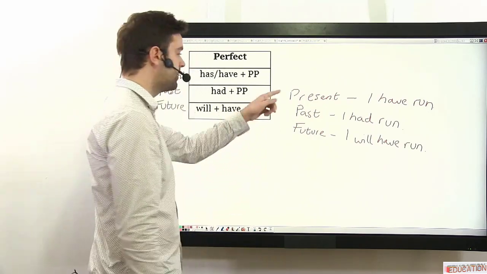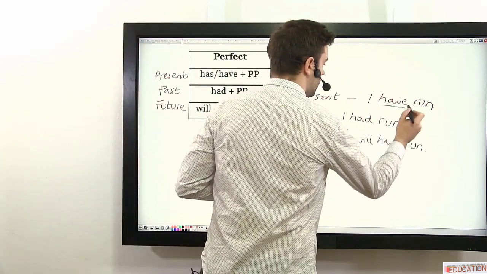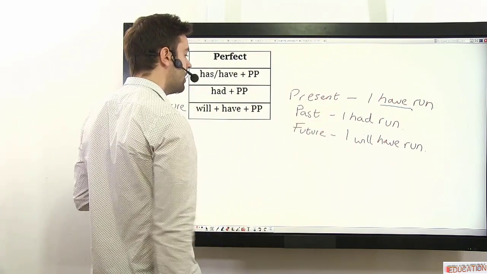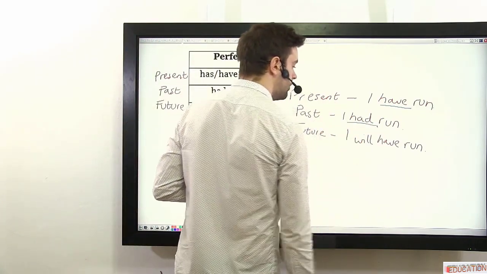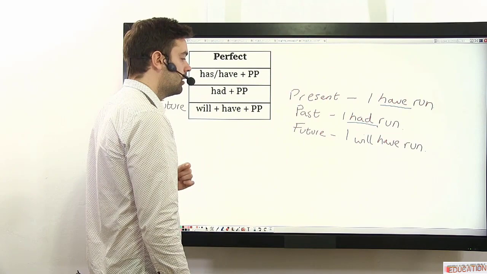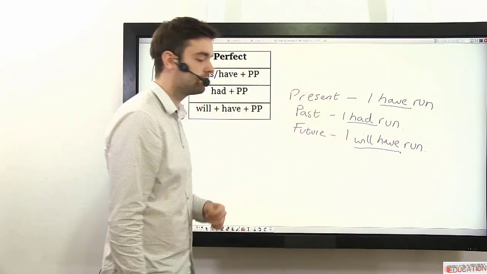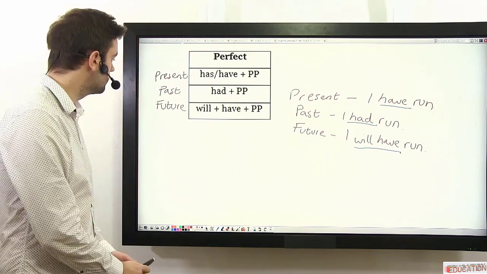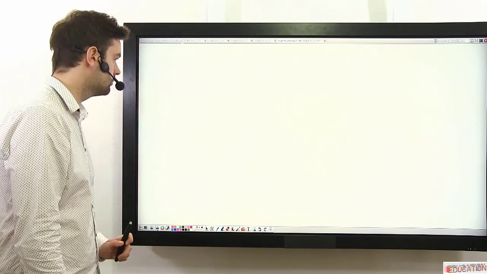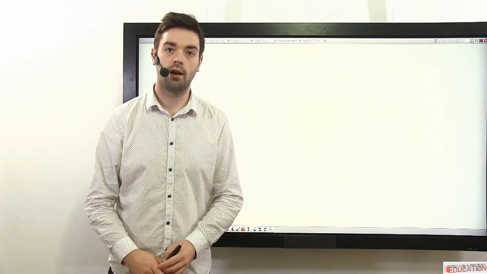So, present perfect, I have run. Past perfect, I had run. And future perfect, I will have run. Great. Thank you very much.